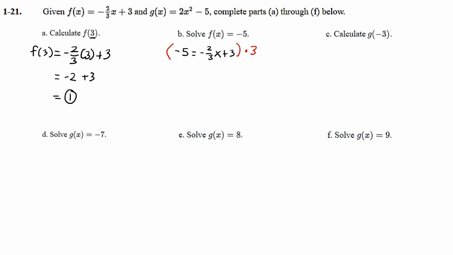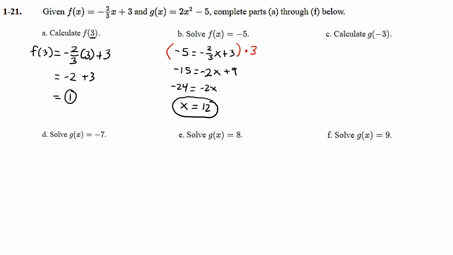So 3 times 5 is 15. Negative 2/3 times 3, so negative 2 times 3 is negative 6, divided by 3 is negative 2, so you get negative 2x. 3 times 3 is 9. We'll subtract the 9, which gives me negative 24, and divide both sides by negative 2, so I get x equals 12.